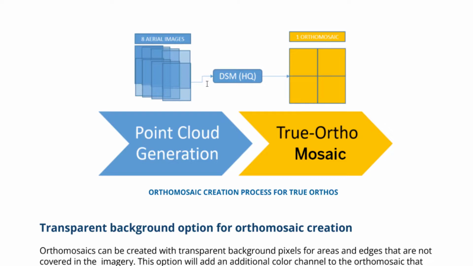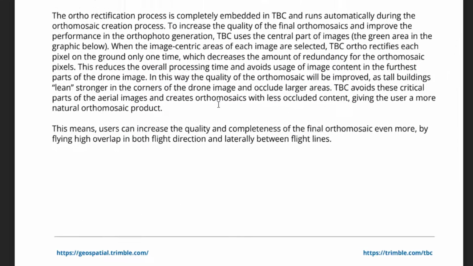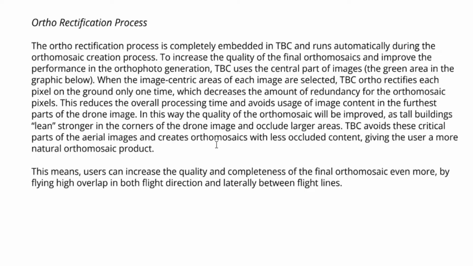Instead we are running this point cloud, where we are running in the background some meshing and some DSM generation, some edge enhancement, some facade corrections, and therefore afterwards from these 8 images and this point cloud, which in this case also uses textured meshes, directly the auto mosaic, which is in this case the true auto mosaic process, we call it, and accessible when you select in TBC the DSM HQ workflow. So the video wants to go a little bit deeper into this whole part.